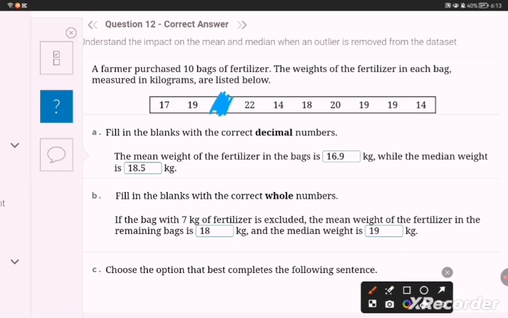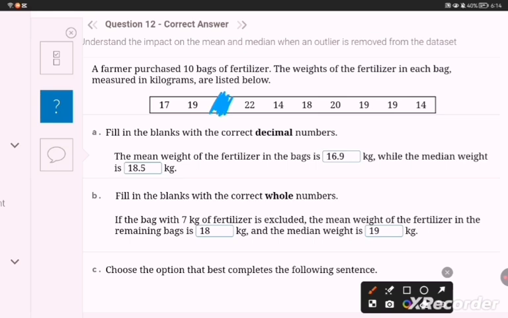So you're going to do 17 plus 19 plus 22 plus 14 plus 18 plus 20 plus 19 plus 19 plus 14, all of that over 9, because we've removed the value and there were 10 values. So now it's over 9. So then you should get an answer of 18.